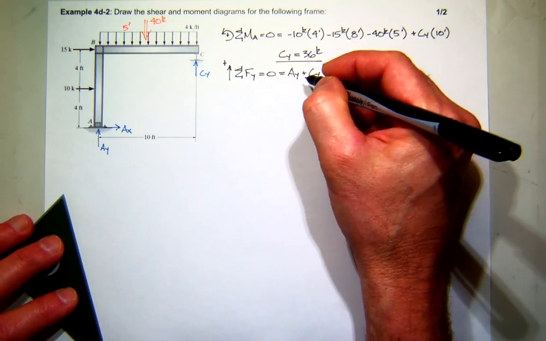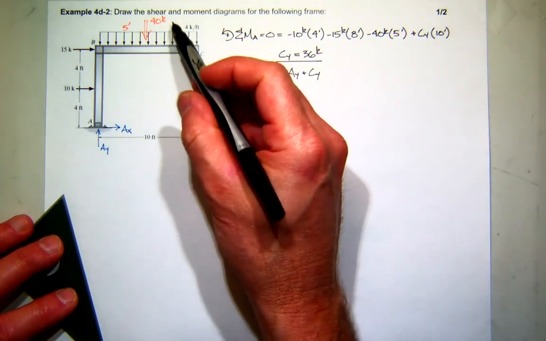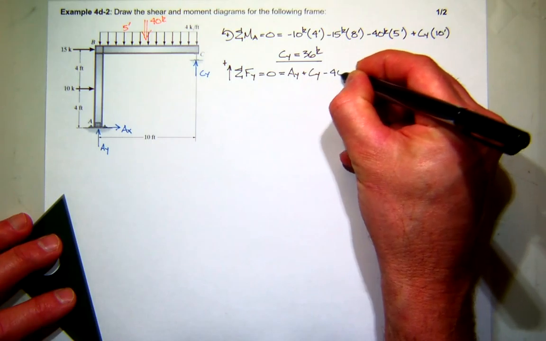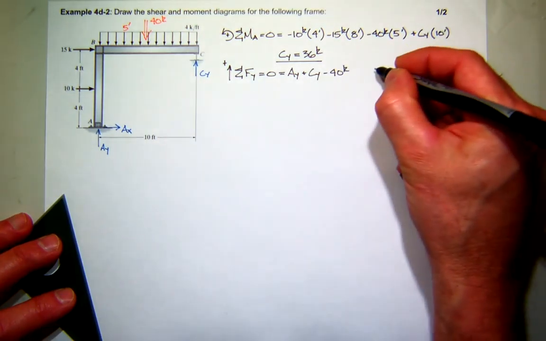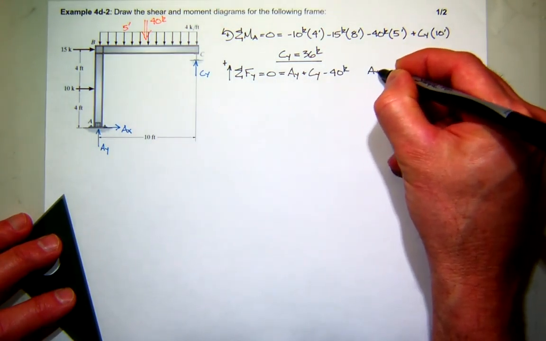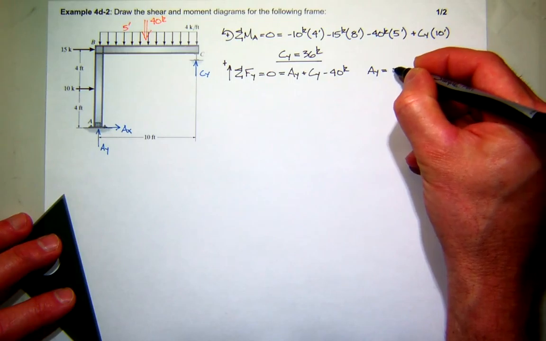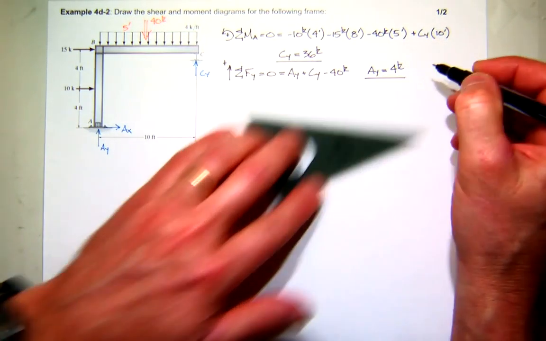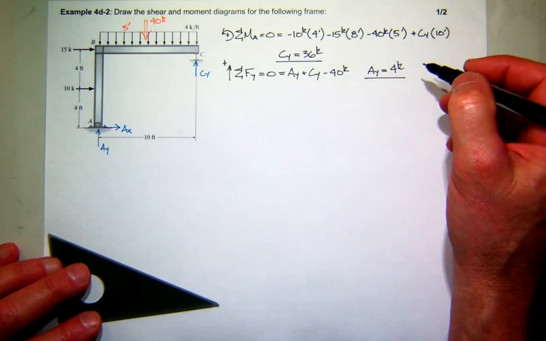What else do we have in the Y direction? The concentrated equivalent force, 40, and it's down. So that looks like AY is going to be 4. That look right? I think so.